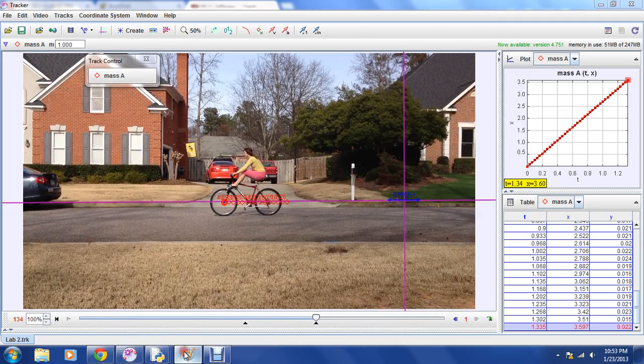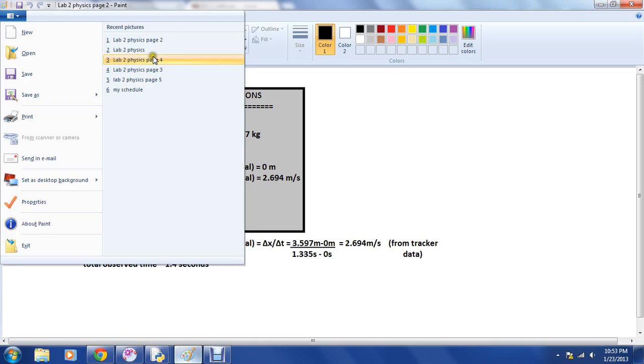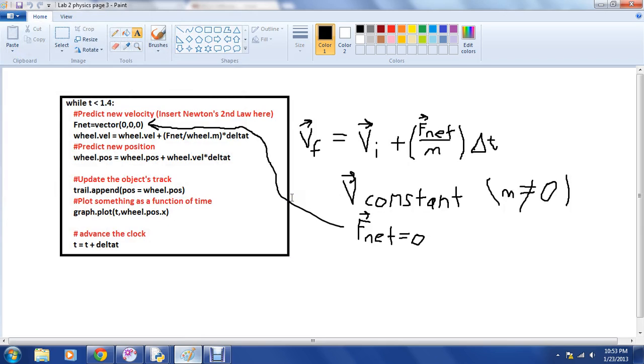And then if we go here, we can see more of what was used to produce the model. The time was between 0 and 1.4 seconds. And as you can see, here's the formula for the final velocity. But the final velocity is predicted to be the same as the initial, because F net equals 0.